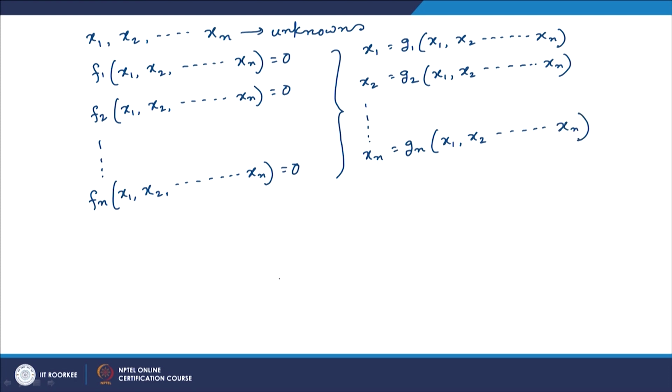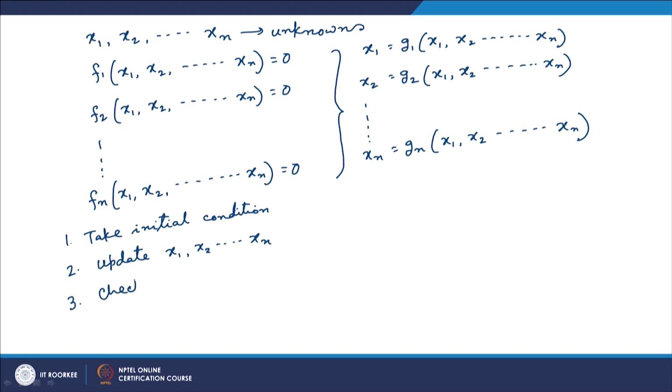After that, what we do is take an initial condition. So, the steps are: take the initial condition; then update x1, x2 to xn; then check for convergence.